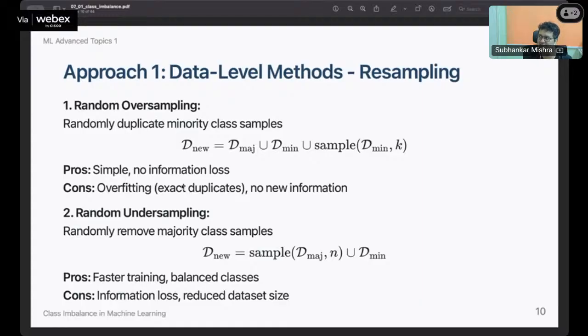Whatever information we had in the majority is lost and the data set size is reduced. And typically in all our fields, we require the data set to be very varied, even if the samples belong to the majority class. So random oversampling and random undersampling have some advantages, but eventually the cons are bigger.